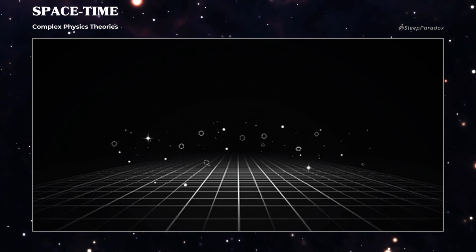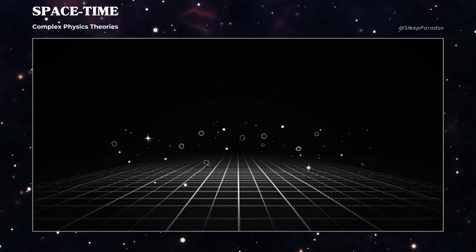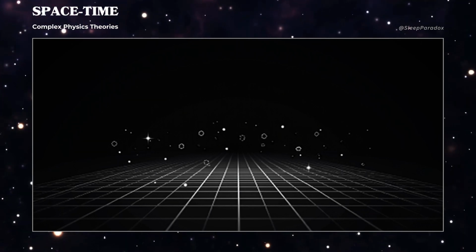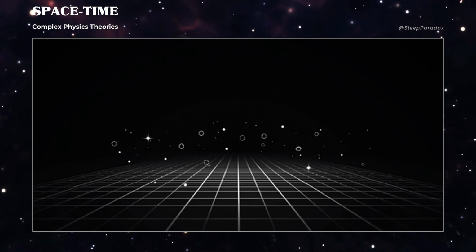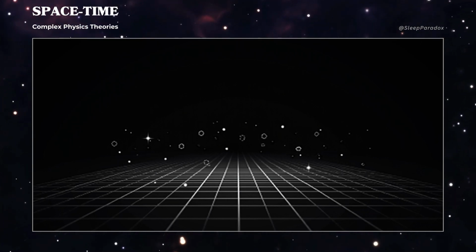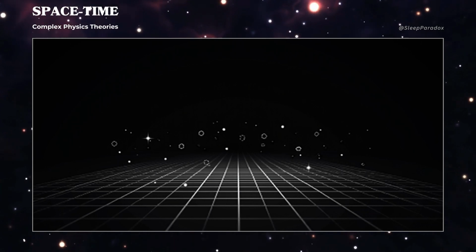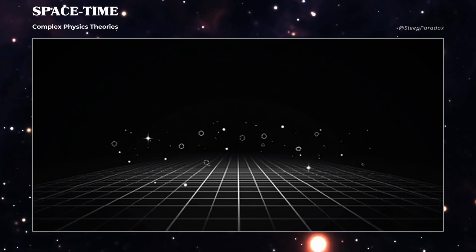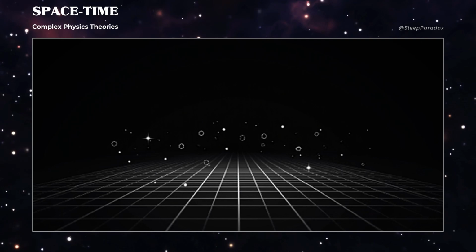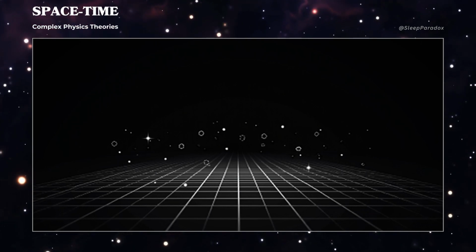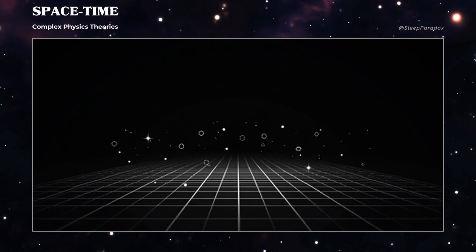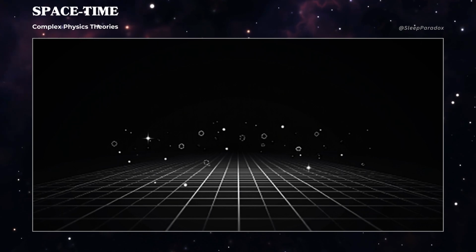Mathematically, space-time is described using the tools of geometry and calculus. Each point is labeled with four coordinates, three for space, one for time. The structure of space-time determines how those points relate, how particles move, and how light travels. It is the stage on which the universe plays out, but it is not passive. It responds to mass and energy and evolves with them.